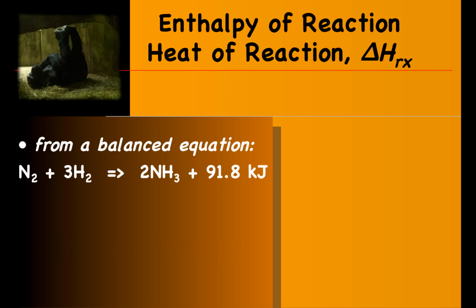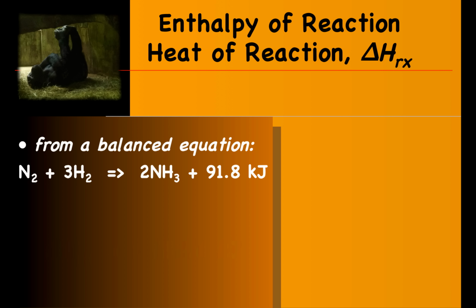Let's consider a different equation. In this equation, the heat is on the right side of the arrow. It's on the same side as the products. In other words, energy is a product of this reaction. When nitrogen and hydrogen combine to form ammonia, 91.8 kilojoules of heat are produced along with the ammonia.